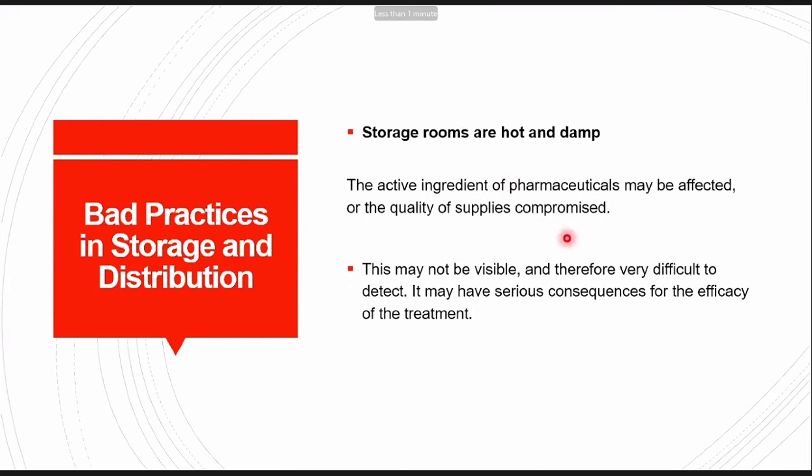Temperature accelerates the rate of degradation of drug compounds, okay? This particular quality problem is not something you can view with your eye, right? It is difficult to detect, okay? And it can have serious consequences on the efficacy and treatment. So you have to always ensure that you have air conditioning system in your store.